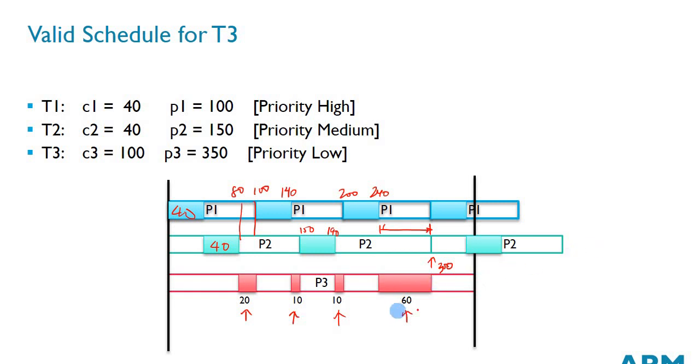So 60 plus 10 plus 10 plus 20 is 100 units of time. So I can actually complete the entire task 3 within 300 units of time, much earlier than the 350 deadline. Correct? But yet in the earlier analysis, we computed it as 380.